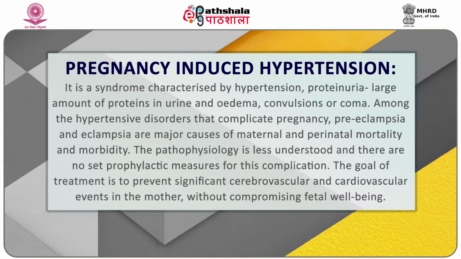The goal of treatment is to prevent significant cerebrovascular and cardiovascular events in the mother without compromising fetal well-being. The treatment strategies fall into two general categories: management of acute hypertensive syndromes of pregnancy such as preeclampsia or eclampsia, and management of chronic hypertension.